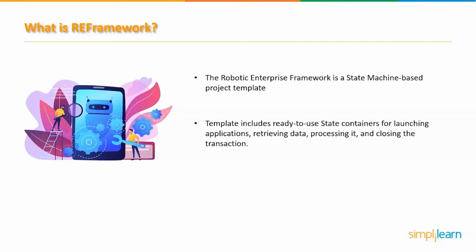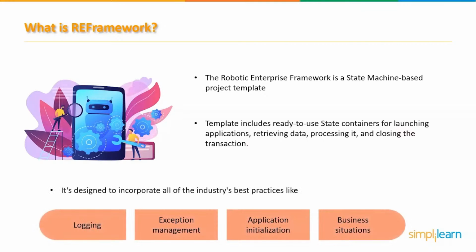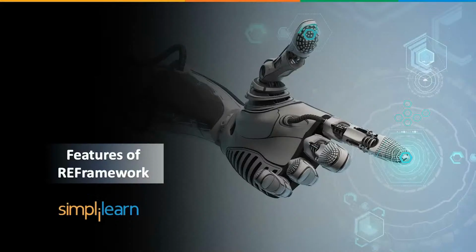Several workflows have been triggered, each of which deals with a different aspect of the project. It's designed to incorporate all of the industry's best practices for logging, exception management, application initialization, and other areas, allowing it to handle even the most complex business situations.